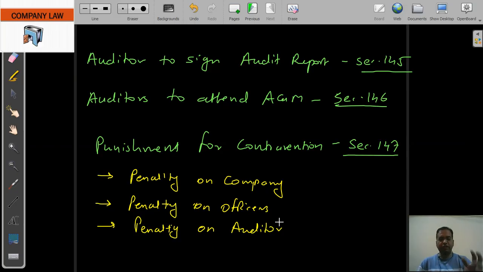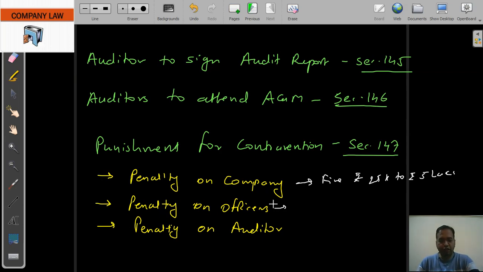So what is the penalty on company? If the company makes any kind of contravention, the company shall be punishable with a fine of rupees 25,000 to rupees 5 lakhs.